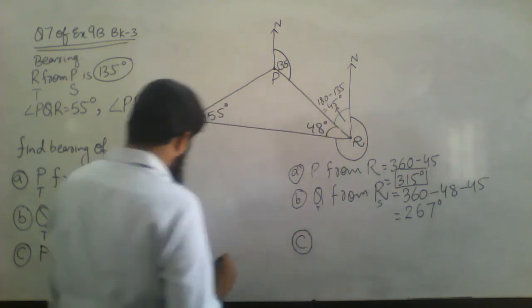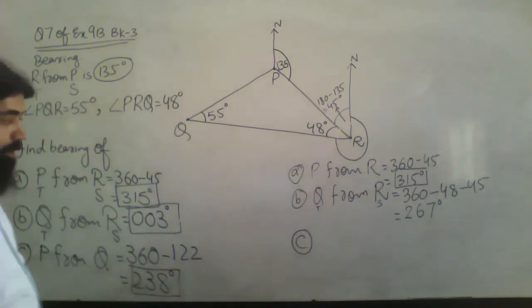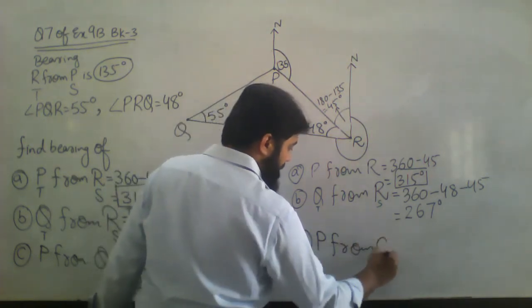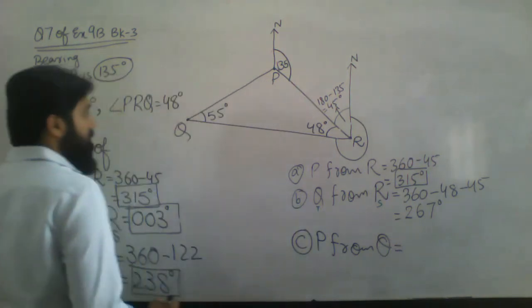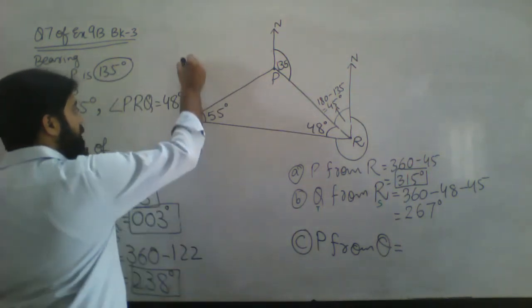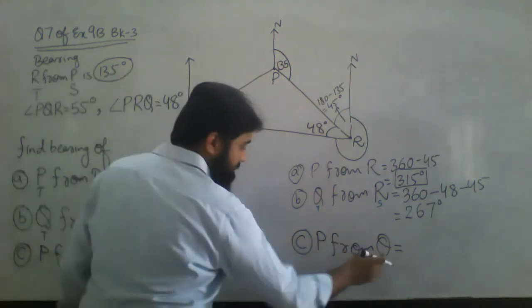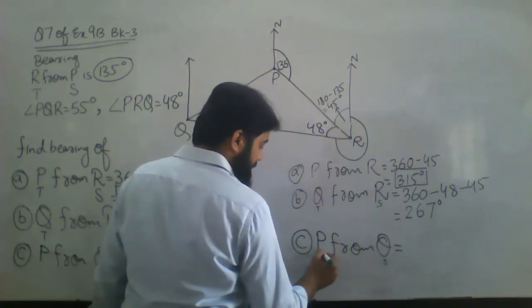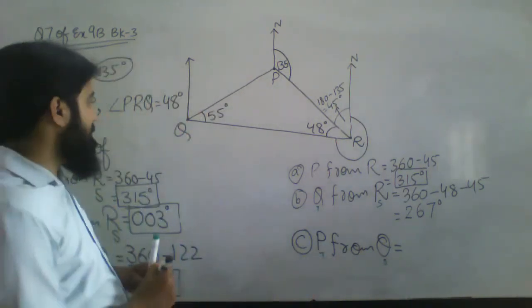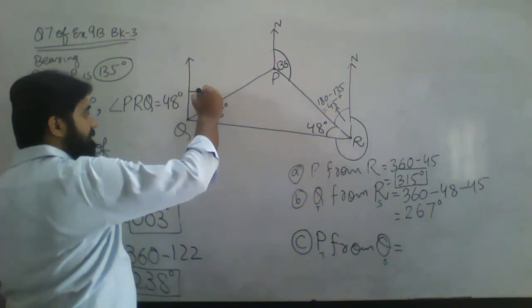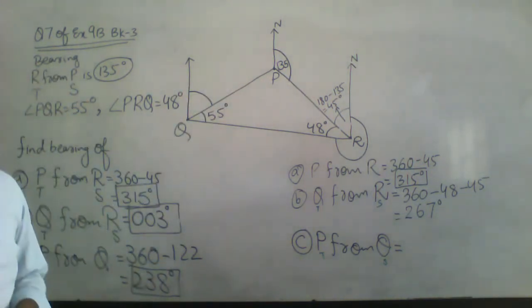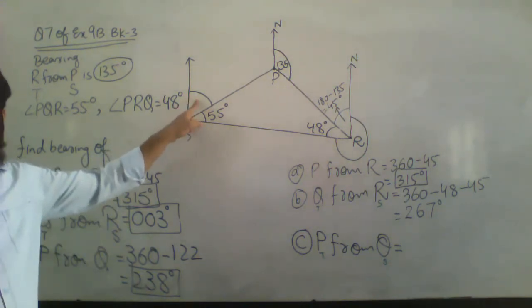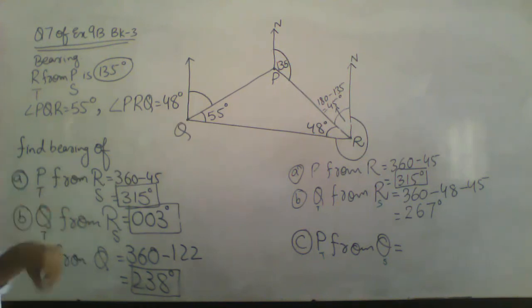Now for the last one, P from Q. On Q I'm going to have the north because that is my source, and this is going to be my target. I have to find this thing which will represent my bearing. Now, how will I find it?